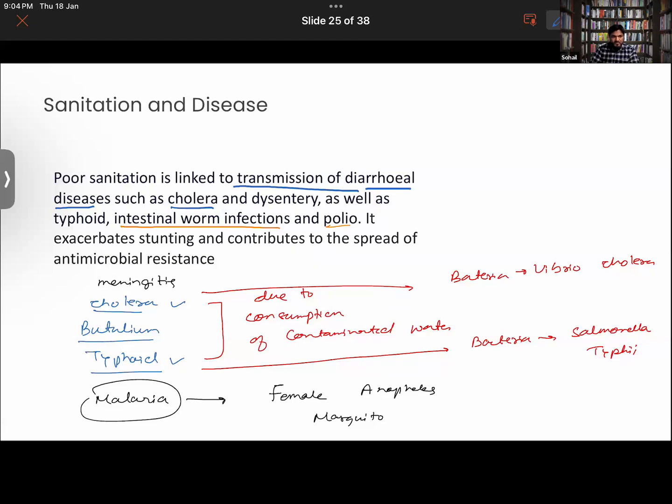Normally, our brain is covered by a membrane. Suppose this is the brain. The brain will be protected by a membrane.